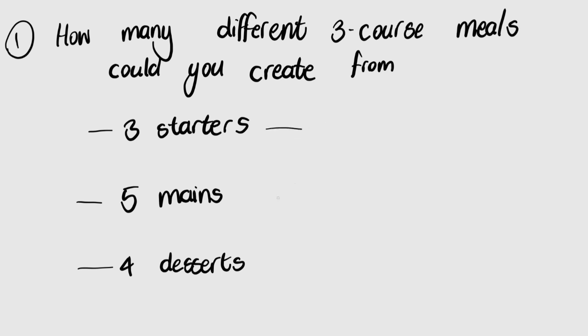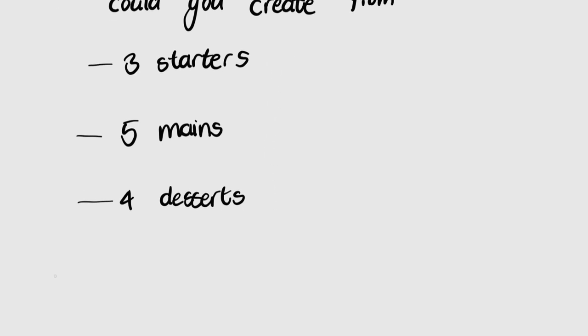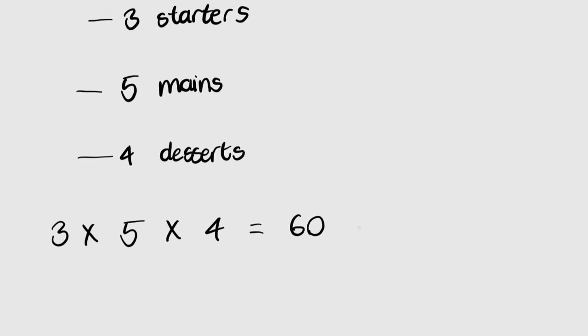The first step is choosing the starters, the second step is choosing the mains, the third step is choosing the desserts. So it's going to be 3 options for the first step, 5 options for the second step, 4 options for the last step. Then it's 3 times 5 times 4. That is 60 ways, or rather 60 different 3-course meals.